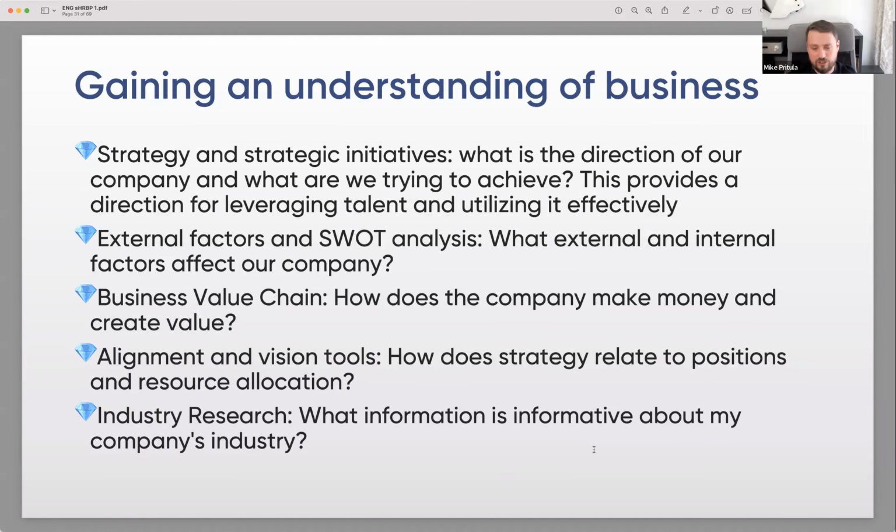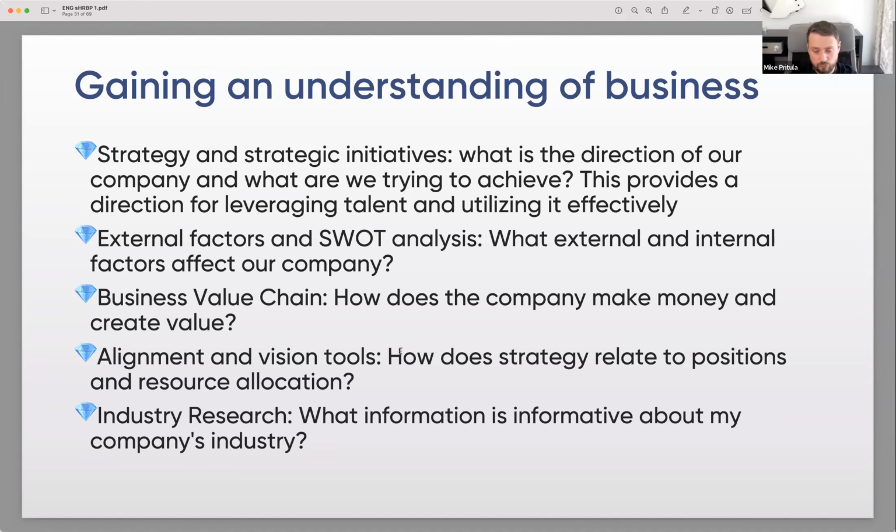Strategy and strategic initiatives. What is the direction of our company and what are we trying to achieve? This provides a direction for leveraging talent and utilizing it effectively. It's also about external factors and SWOT analysis, what external and internal factors affect our company. Also, it's about understanding business value chain, how does the company make money and create value.